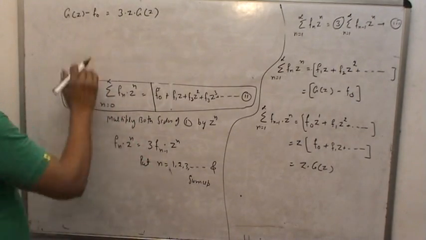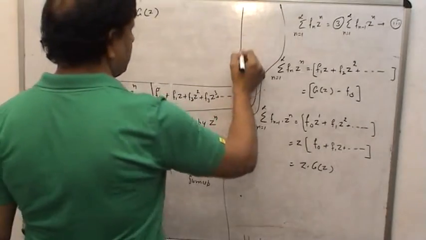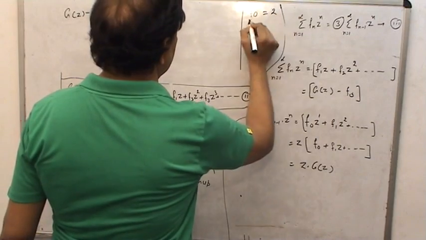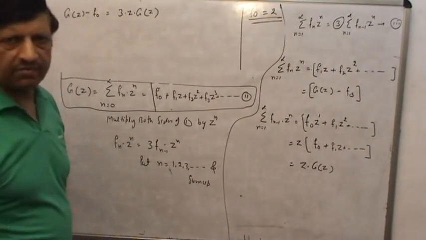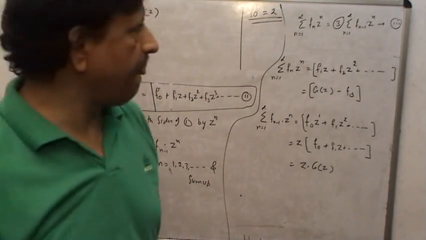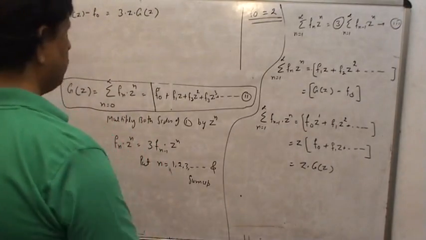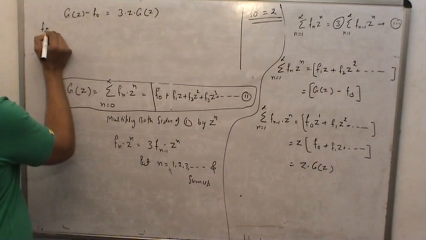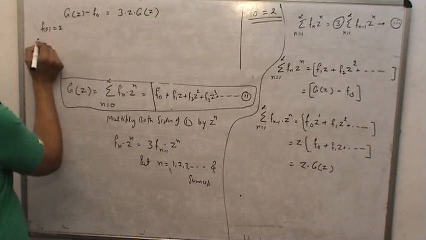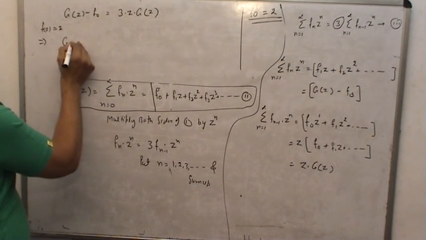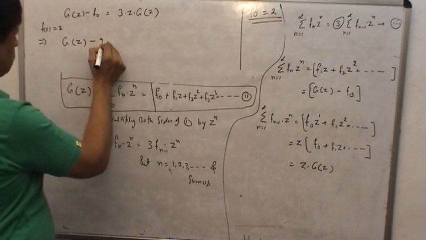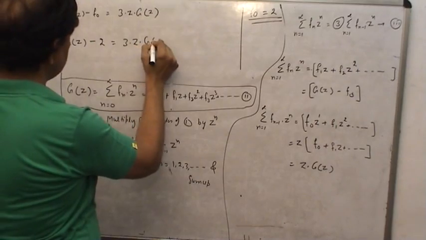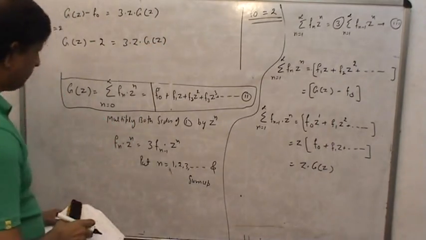Now, what is f0? In the starting, we take the value f0 is equal to 2, as it is given in the statement. So we put this value here. F0 is equal to 2. This implies G(z) minus 2 is equal to 3 into z into G(z).